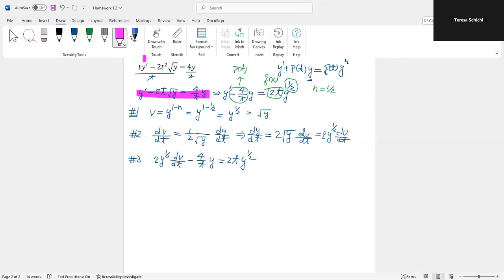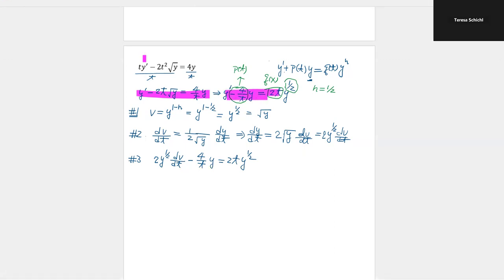This is the original, and now we change it to the Bernoulli form, so we plug that in.